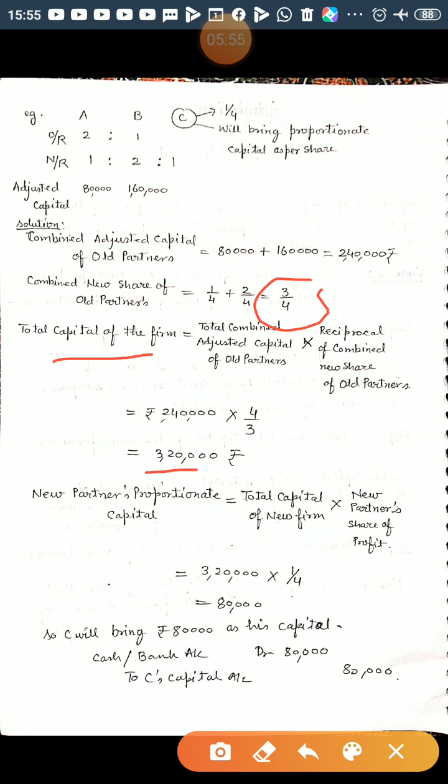So the total capital of the new firm is 3,20,000. Now, on the basis of this, we can directly calculate the new partner's proportionate capital: total capital multiplied by the new partner's share of profit, that is 1 by 4. So he has to bring 80,000, right? And the journal entry for this is cash or bank account debited to C's capital account.